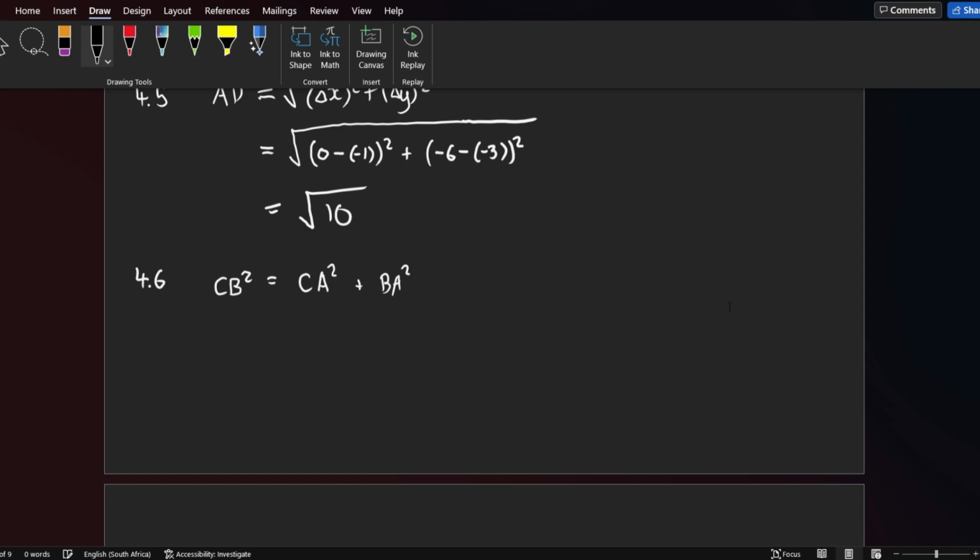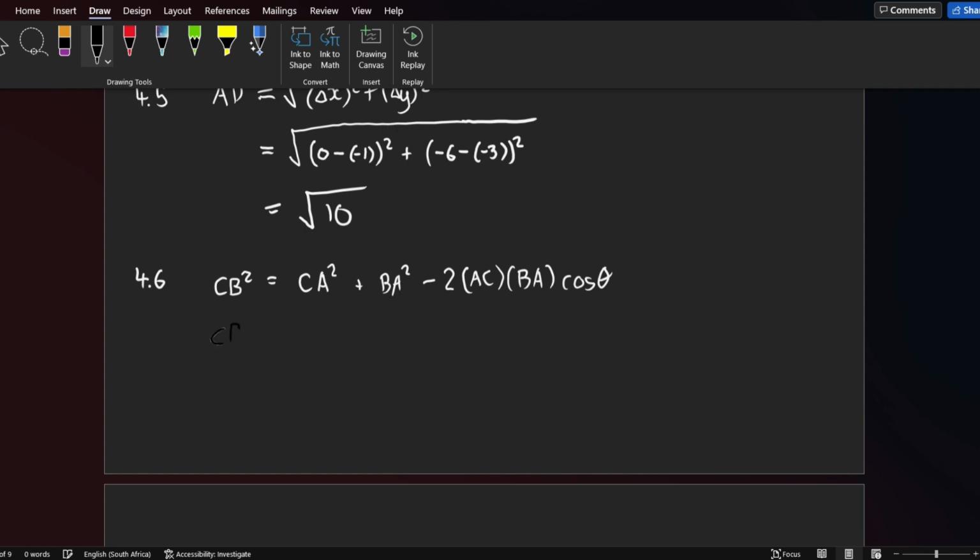Note that that looks a bit like Pythagoras, so when writing your cosine rule, you should always have this part that looks like Pythagoras, and then you subtract twice the product of the two sides which you are not solving for. So AC, which is CA, and BA, and then we have the cosine of our included angle, which is theta in this case.